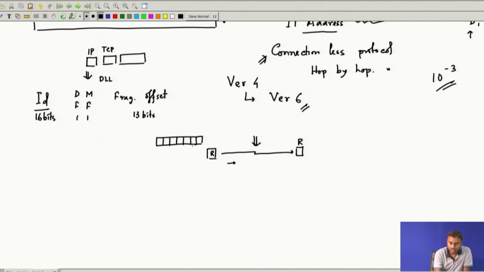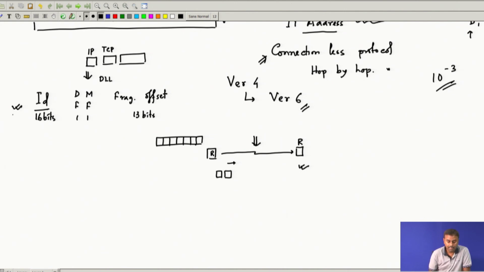But the problem is, whenever this particular packet is fragmented, it will generate multiple small fragments. Now these fragments, when they come over here, have to be regrouped in proper order. So, whenever you do fragmentation, this is something which has to be facilitated, and that facilitation is done by these bits.